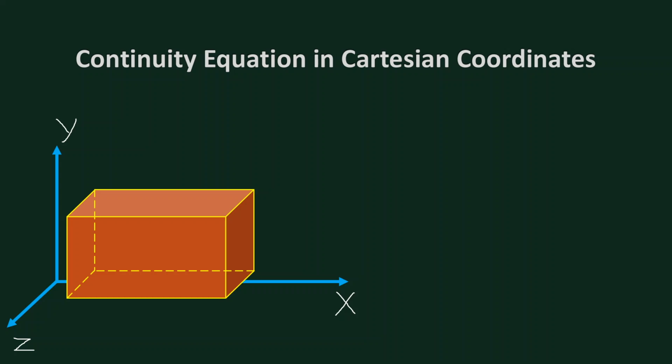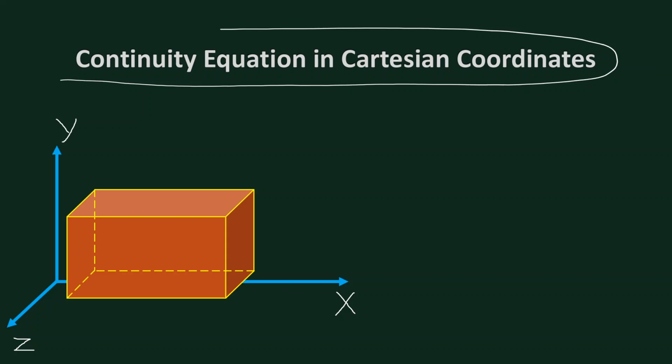For any specific situation, we can simply simplify this generalized equation by ignoring some of the terms, and that way we can extract the form that is required from this overall generalized equation. So let's try to derive that generalized continuity equation based on Cartesian coordinate systems.